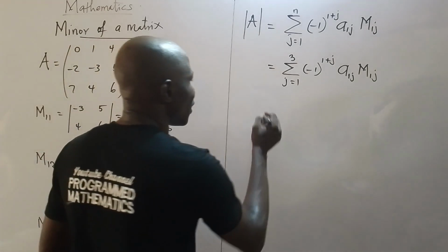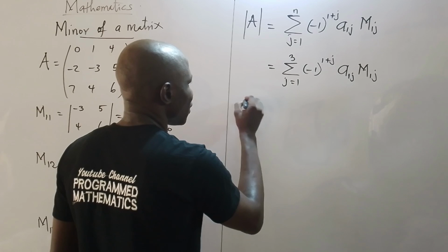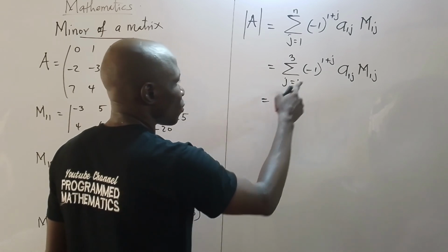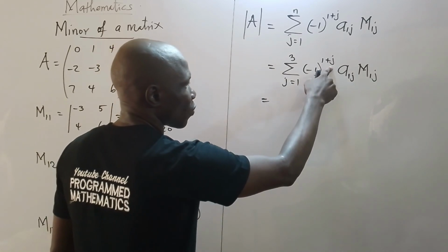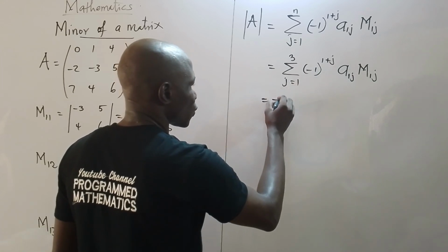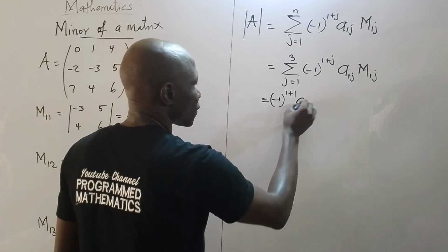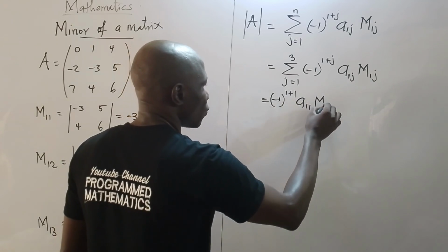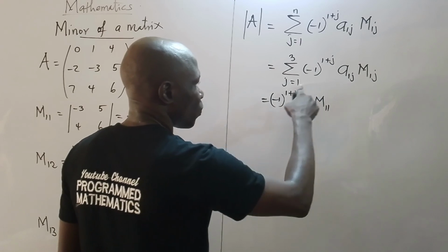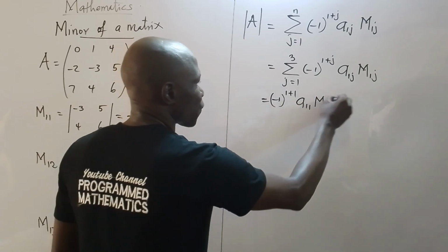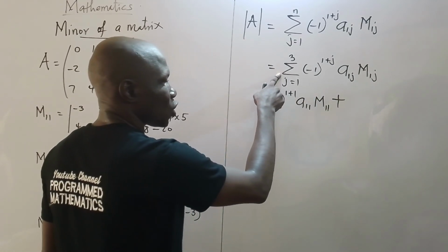So in this case, what this will mean now is this. When J is 1, this is going to be minus 1 raised to power 1 plus 1. J is 1. This is A11, then M11. When J is 1, replace J with 1 there. Then plus, this plus now is representing the summation here.